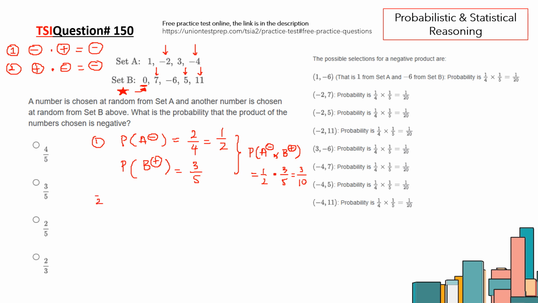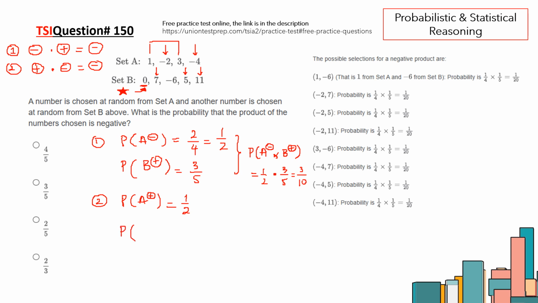Now case number 2, the probability of choosing a positive number from set A is 1/2 again, because you have 2 positive numbers out of 4 numbers.